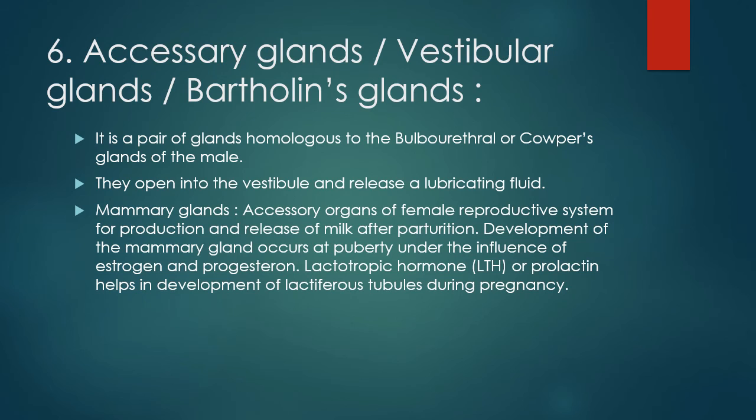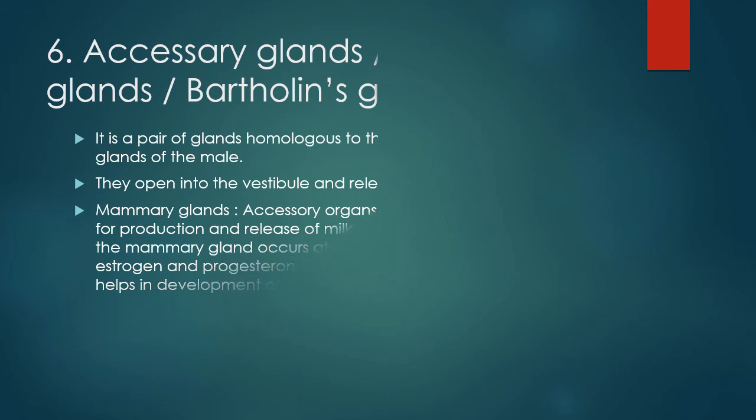Mammary glands are accessory organs of the female reproductive system for production and release of milk after parturition. Development of the mammary gland occurs at puberty under the influence of estrogen and progesterone. Lactotrophic hormone, LTH or prolactin, helps in development of lactiferous tubules during pregnancy.